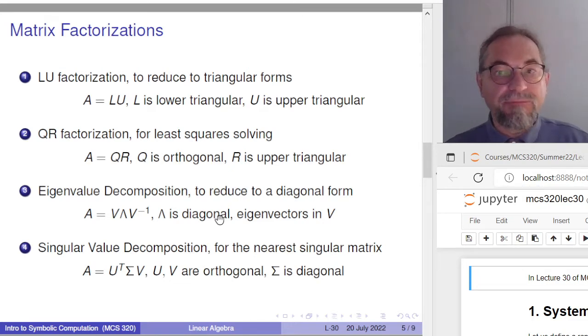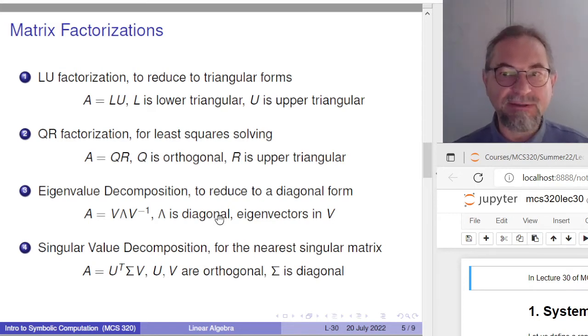Very much related to the LU factorization is the QR factorization, related in the sense that it also reduces the matrix to an upper triangular form, but it is applicable for matrices with more rows than columns, for overdetermined linear systems. It also fits well within the context of optimization.